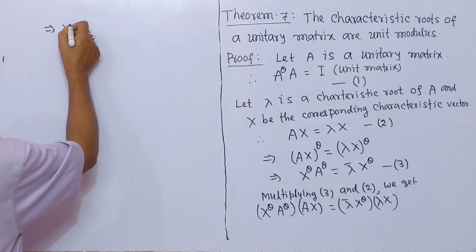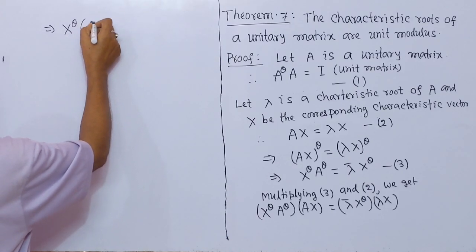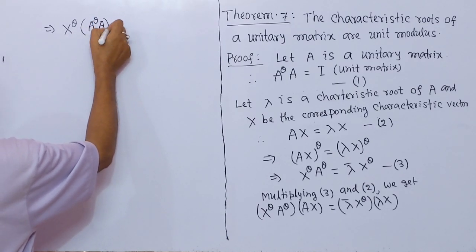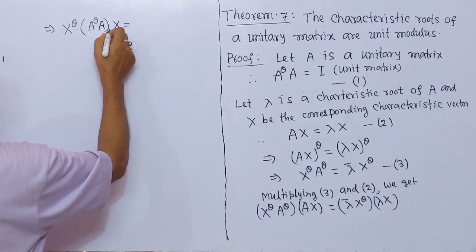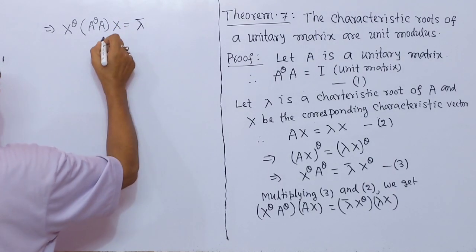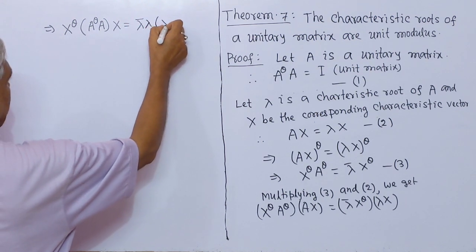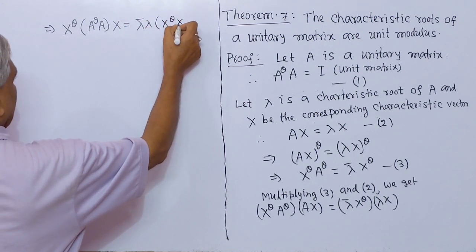This implies that x^θ A^θ A x = lambda bar lambda x^θ x.